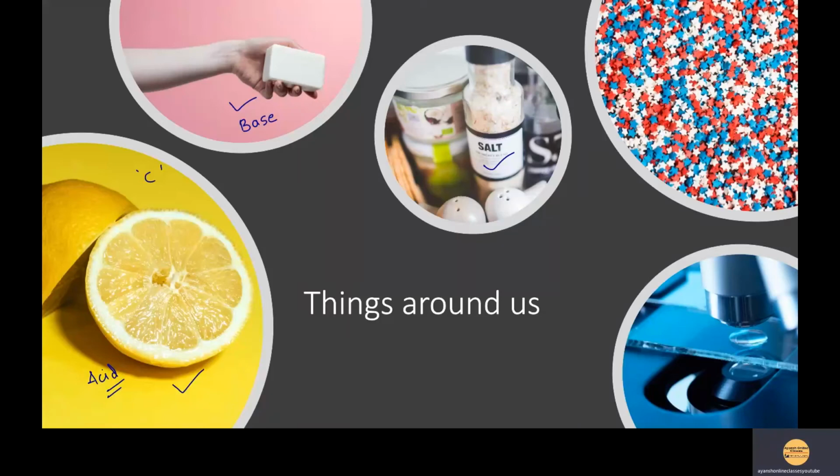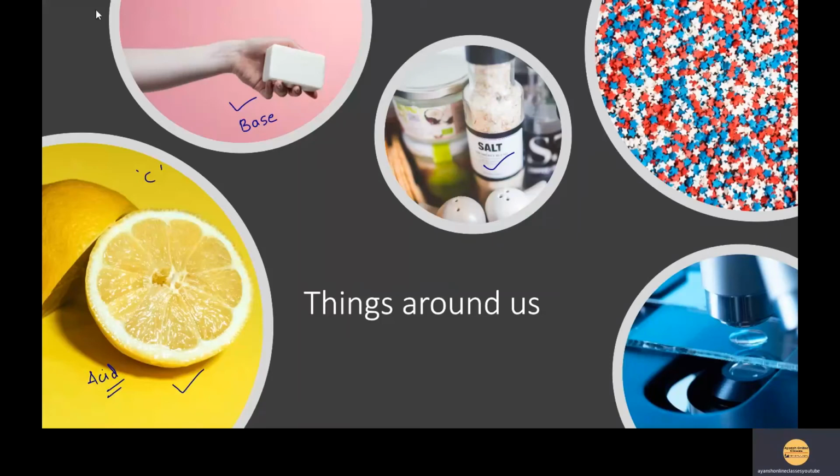Then bases, like we have soap, detergents, okay. These are the bases. Then salt is the most common thing in every foodstuff. We need salt. So these are acids, bases and salts which we even use in our day-to-day life.